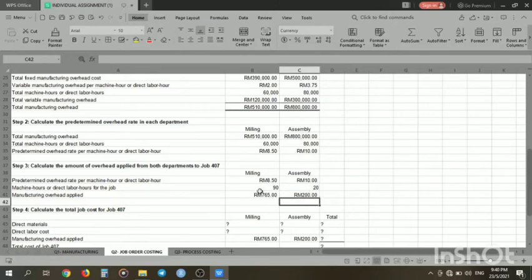And we get the amount for milling 765 ringgit and assembly 200 ringgit.